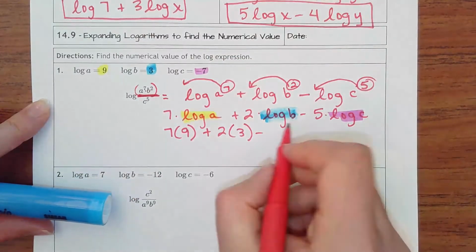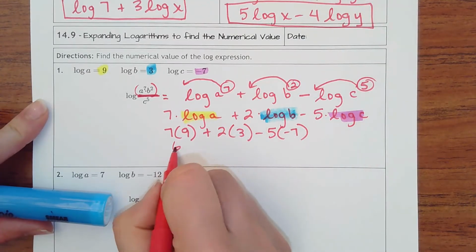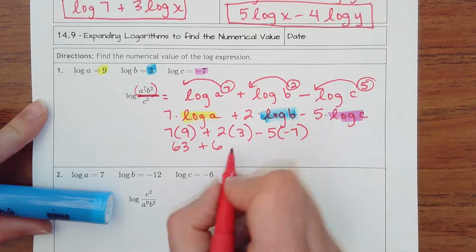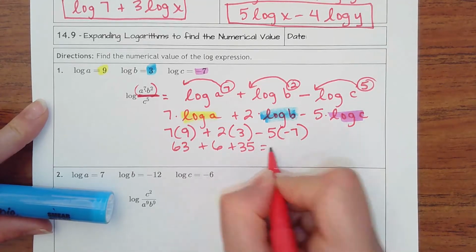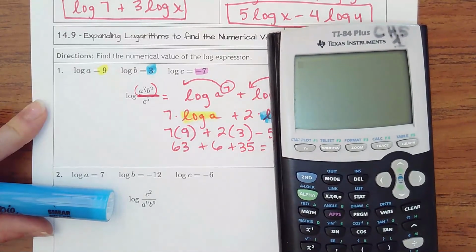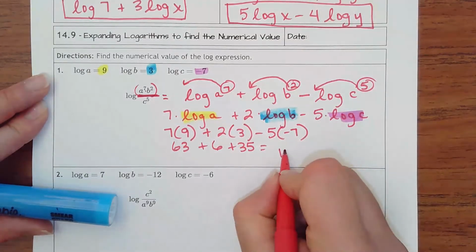So I'll have -5 times -7. 7 times 9 is 63. 2 times 3 is 6. -5 times -7 is 35. I'm going to just add that on my calculator. And I get 104. And that is the final answer on that one.